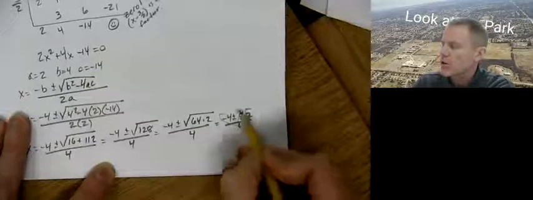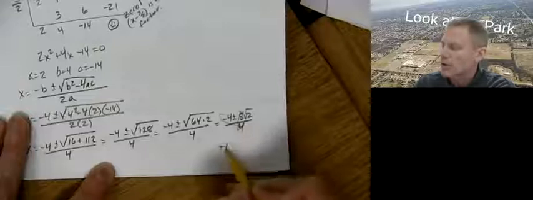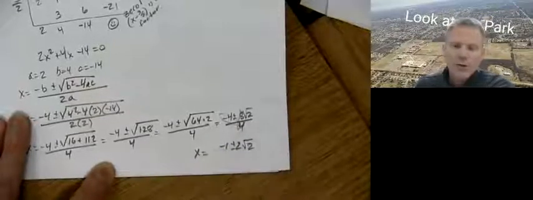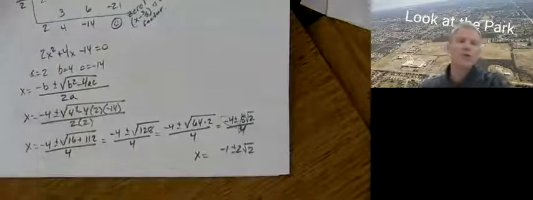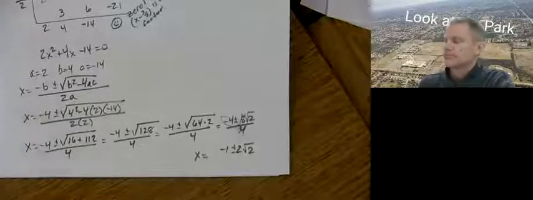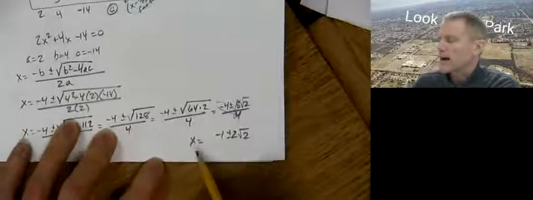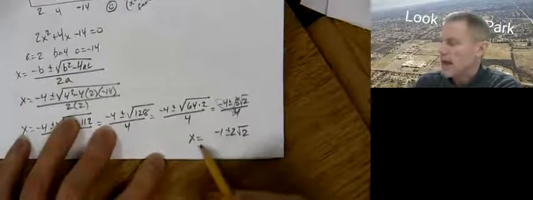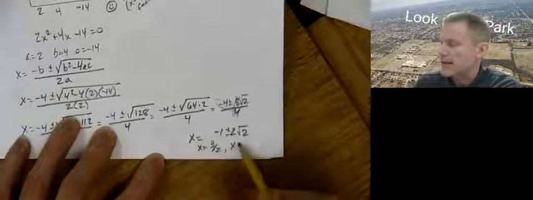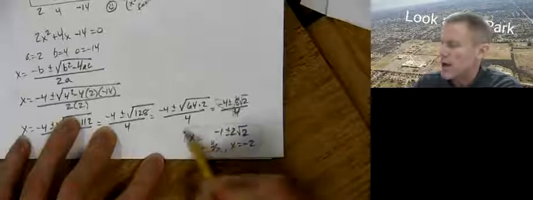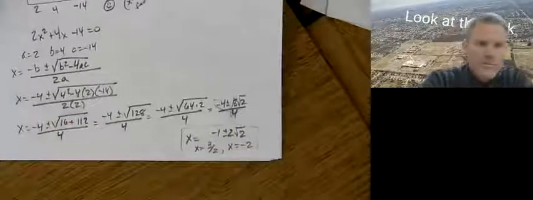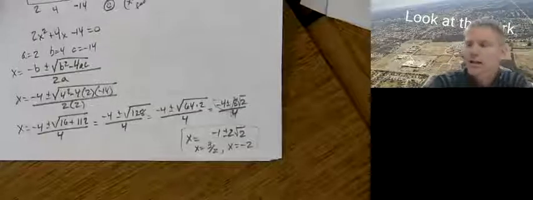And since 4 can go into both of those numbers, it has to go into both of those numbers. Those are your other two zeros. So we've got x equals those, x equals 3/2, and we've got x equals -2 as our zeros of this quartic equation.